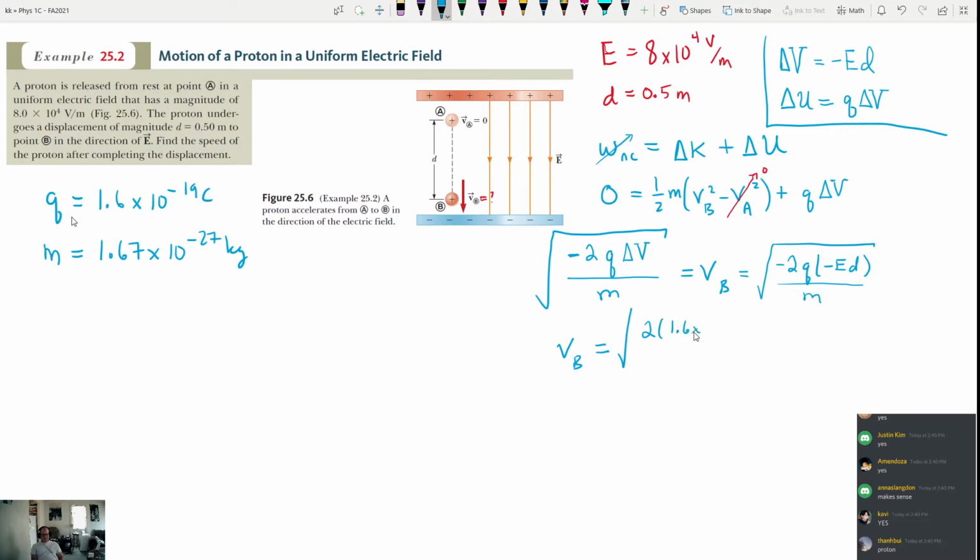Plugging all that information in, we'll try 1.6 times 10 to the negative 19 coulomb times, all right, there's an E, which was 8 times 10 to the 4. D is 0.5. And the mass is this.